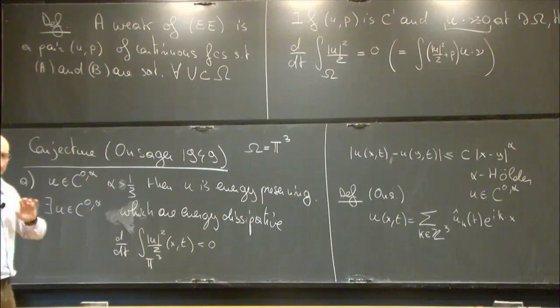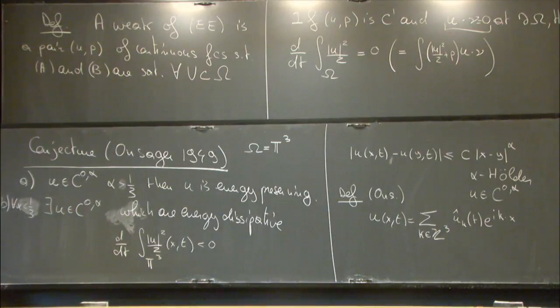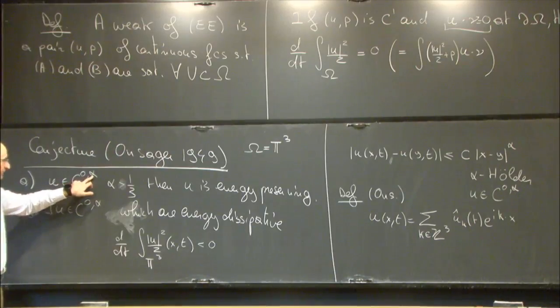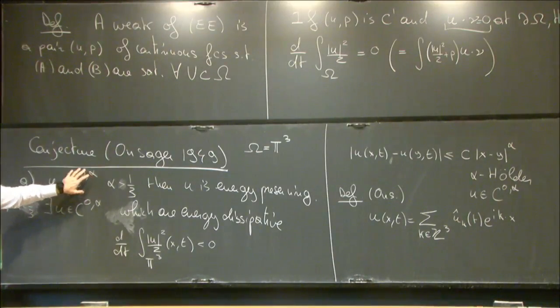So a scale of spaces which has 1/3 of a derivative, because you can imagine that this alpha here is just telling you how much derivative the function has in a certain sense. So Eyink was actually able to prove this for a scale of spaces which has a little bit more than 1/3 of a derivative, but which is definitely stronger than these Hoelder spaces. Okay, I don't want to go into the detail.